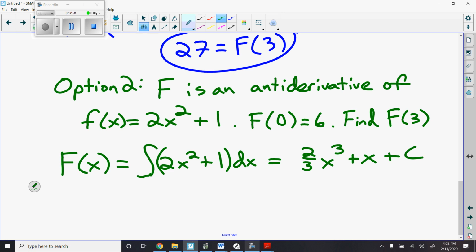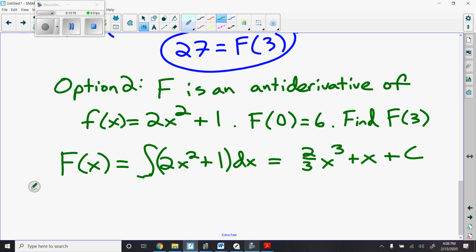And the reason I can't solve capital F of 3 without knowing another point on capital F is because that plus c could be anything, okay? That plus c could be anything. So what I'm going to do here is I'm going to say, okay, so that's capital F of x.